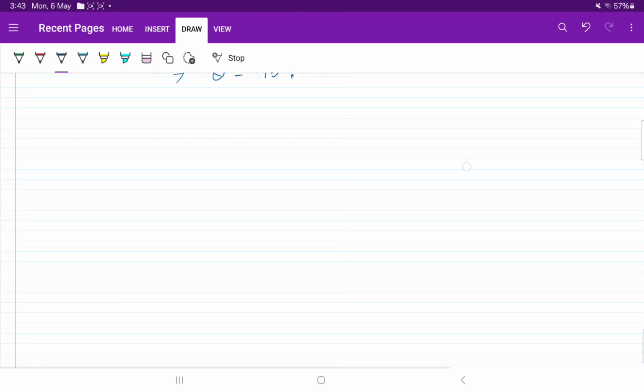Okay, let's mathematically prove that the equation for the motion of the trajectory is parabolic in nature. So for that we can simply write the given topic, that is, the equation of trajectory.